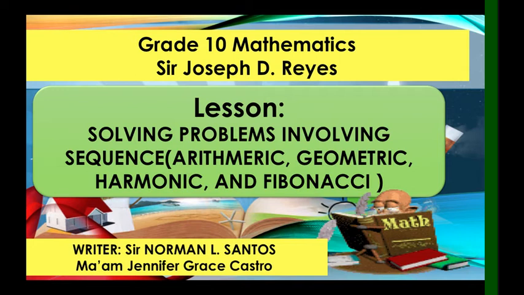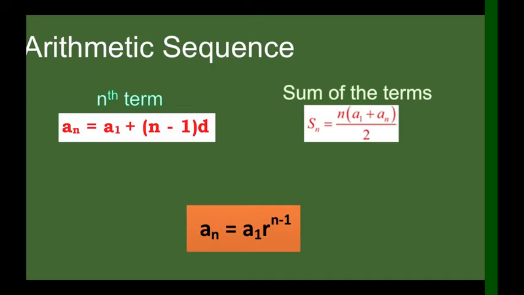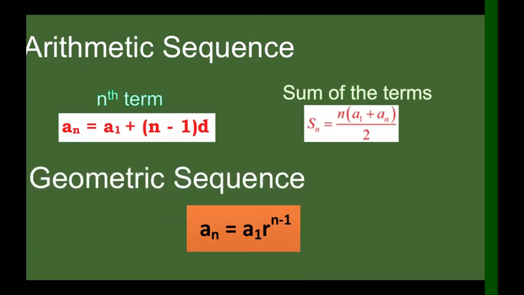And now let's proceed to our main topic, which is all about solving problems involving sequence. Before anything else, let's have first a review of the formulas that we are going to use in solving problems. The first one is the arithmetic sequence.